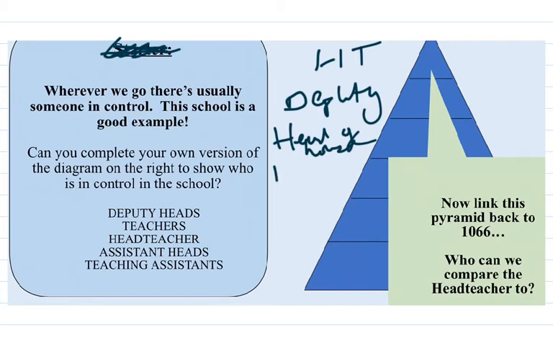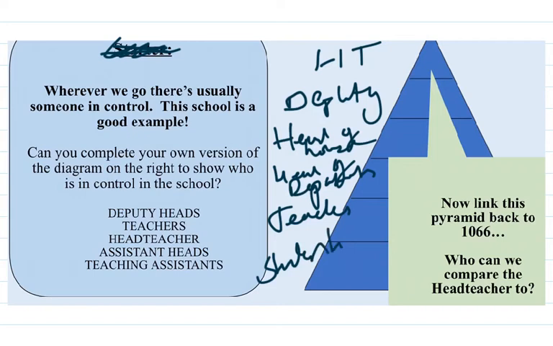You probably have then your head of departments. Then your teachers like me. And then you guys. Apologies for the handwriting. There's not much space, and I'm using a very, very poor style, so I'm going to try and upgrade in the coming days. The point being, let's now link this back to 1066.